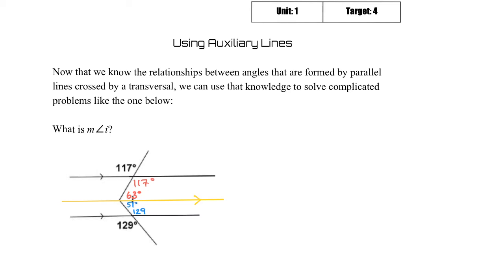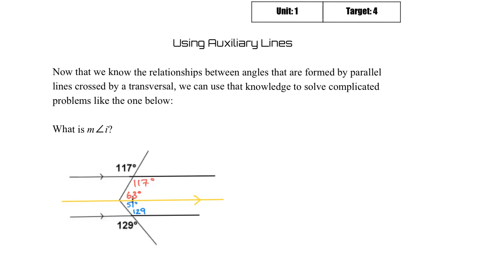Now, there are other ways that you could have arrived at this angle and this angle, but I'm just choosing this way. You could have done a linear pair and then done alternate interior. There's a lot of different ways that you could have gotten there. But basically what I did was split angle I in half, and then using parallel lines crossed by a transversal, I figured out what this part of angle I is, and what this part of angle I is.